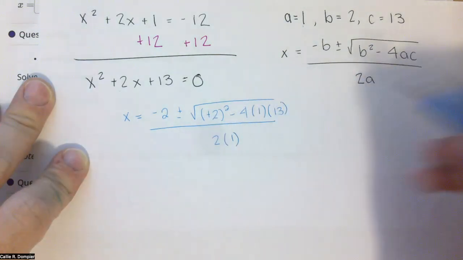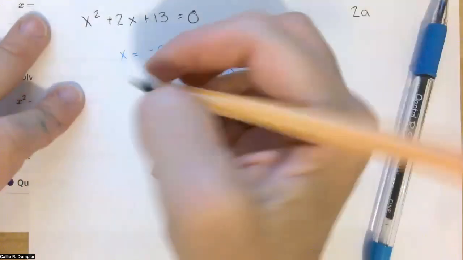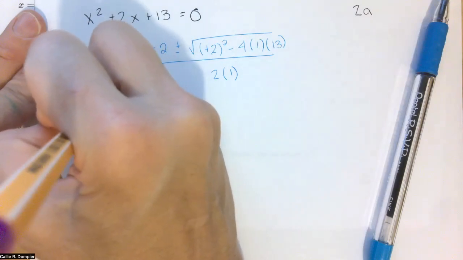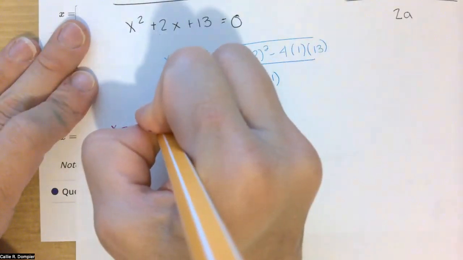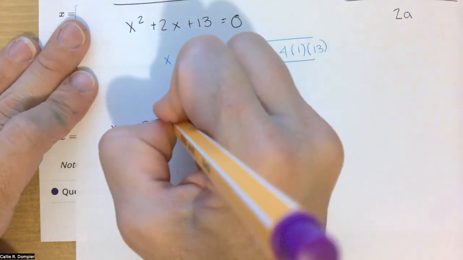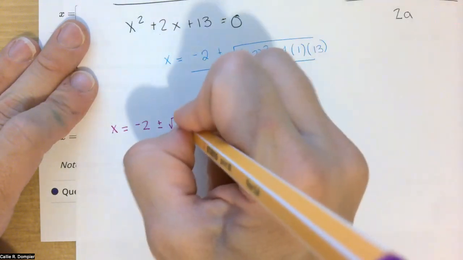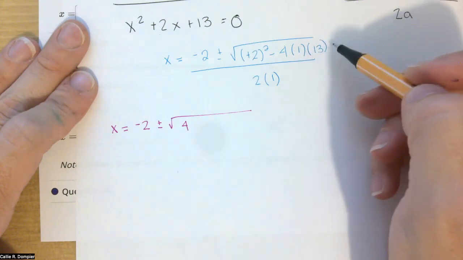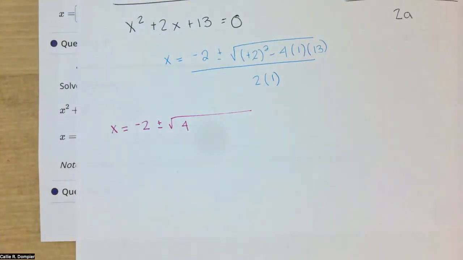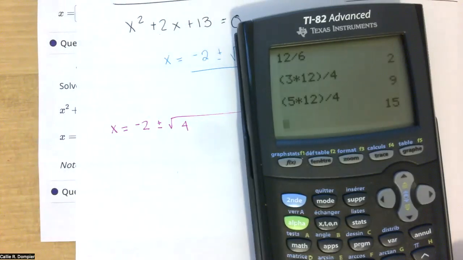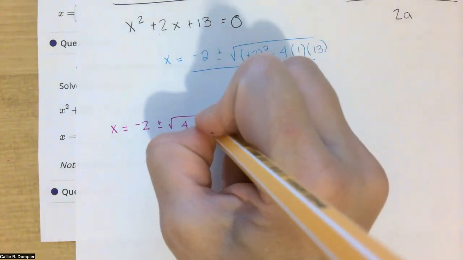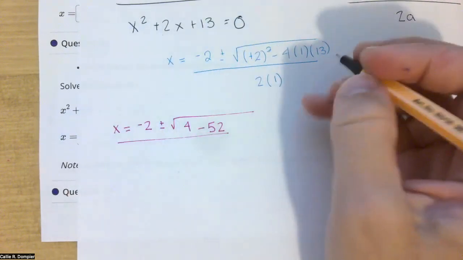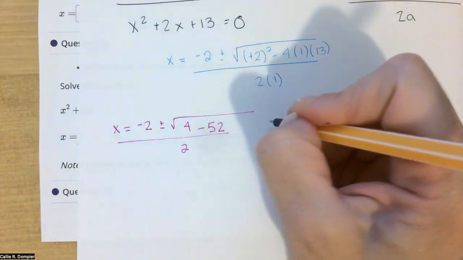Now we'll just simplify this. x equals negative 2 plus or minus the square root of 2 squared is 4, minus 4 times 1 times 13. 4 times 13 is 52. So 4 minus 52, divided by 2, right?